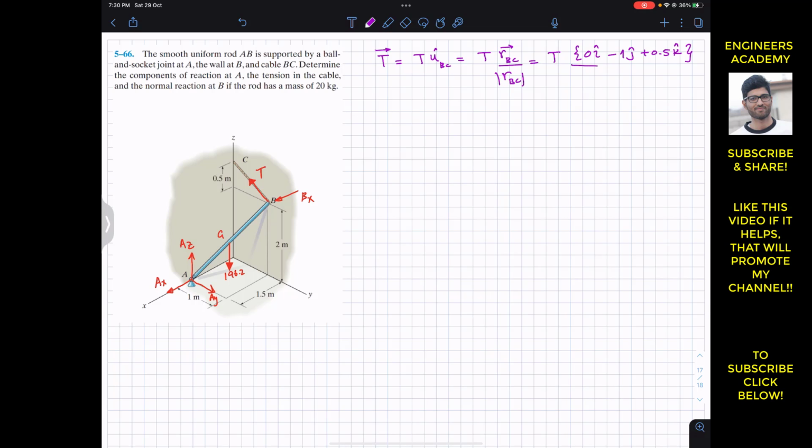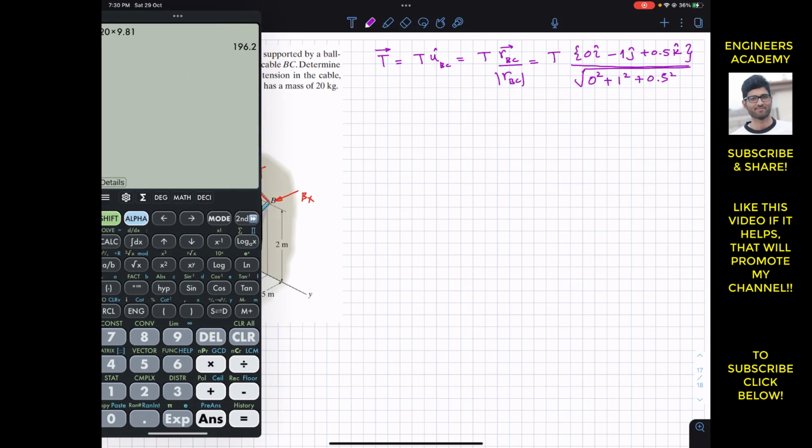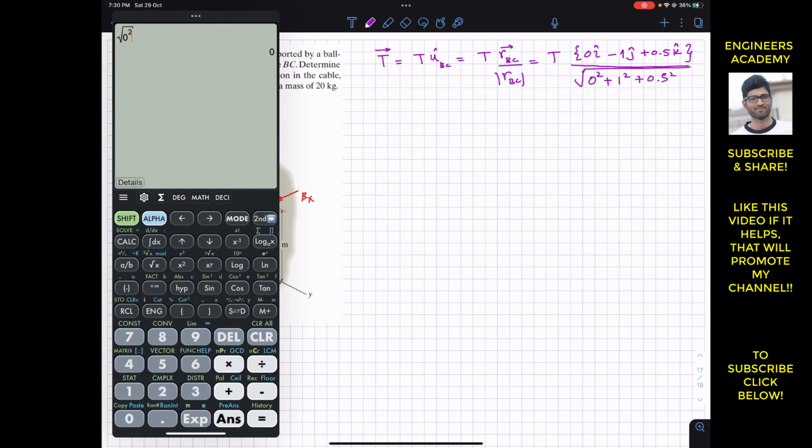Then we have to find the magnitude of the position vector. Using the Pythagoras theorem, the magnitude will be the square root of 0 squared plus 1 squared plus 0.5 squared.